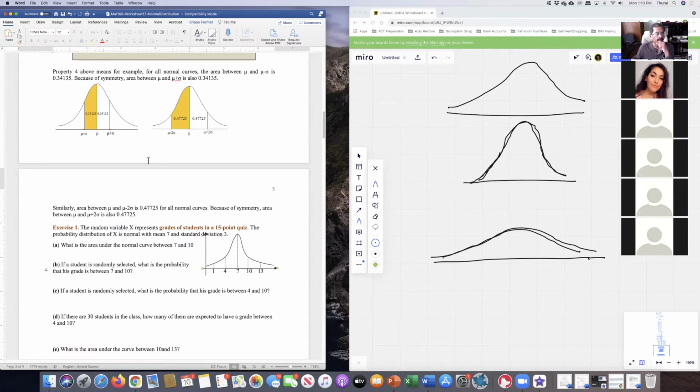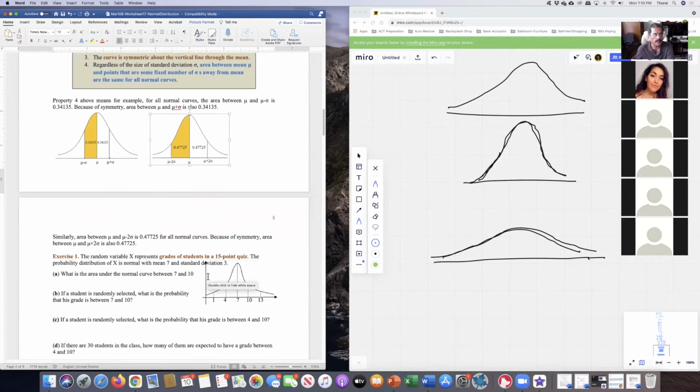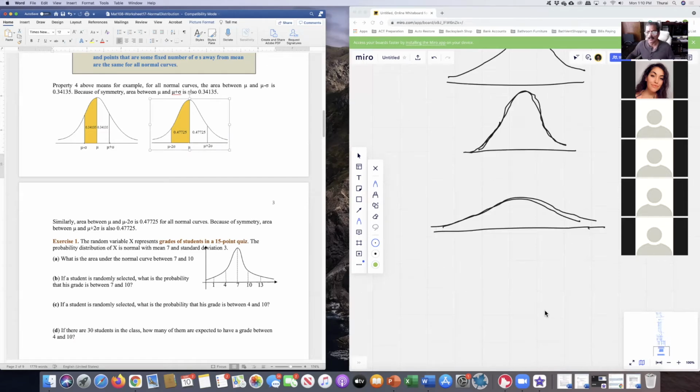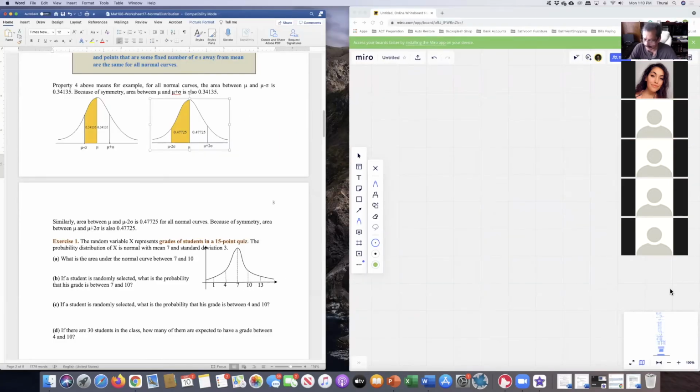We already know that from mu to mu plus sigma, the area is 0.34135. Mu to mu plus 2 sigma is 0.47725. So to find the area between mu plus sigma and mu plus 2 sigma in that narrow range, let me put it on the board. Okay, so I'm drawing on the board here.